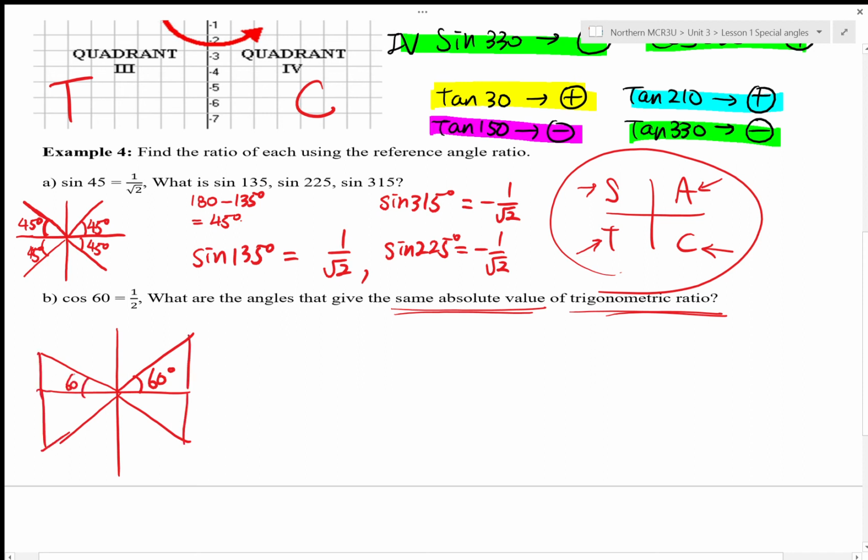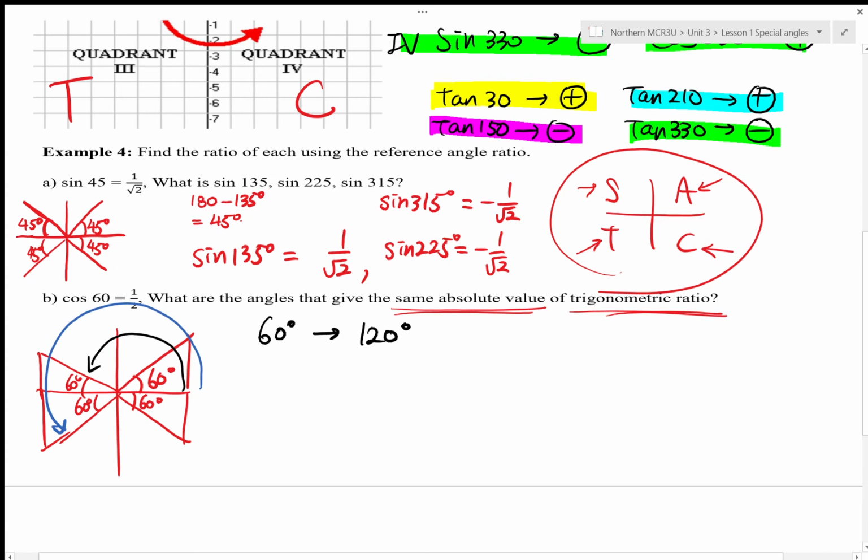And the reference angles inside of the triangles are all 60 degrees. And since we're looking for the principal angle, we just need to find how much you rotate. So the first angle will be 60, and then 120 degrees will give me the same reference angle. So it will give me the same absolute value of the ratio.